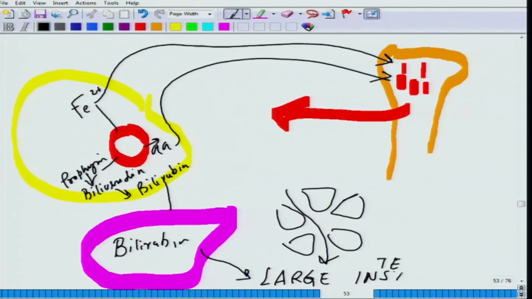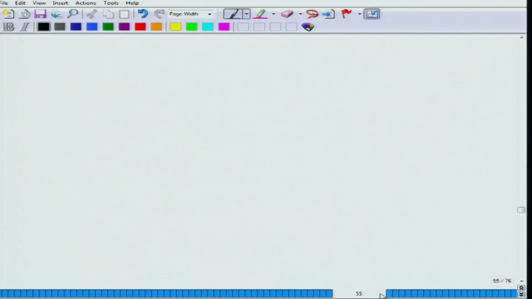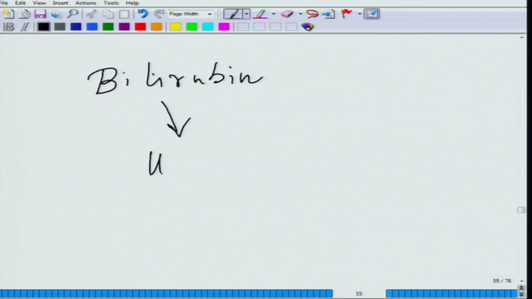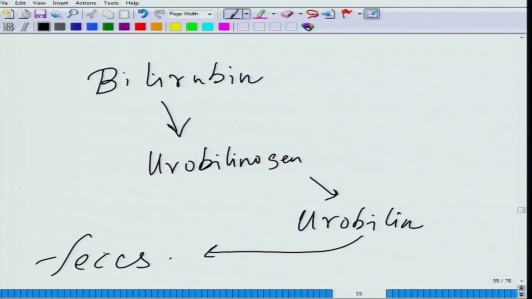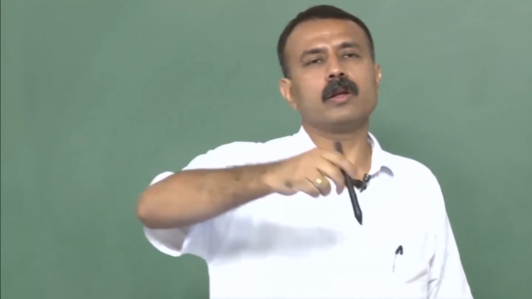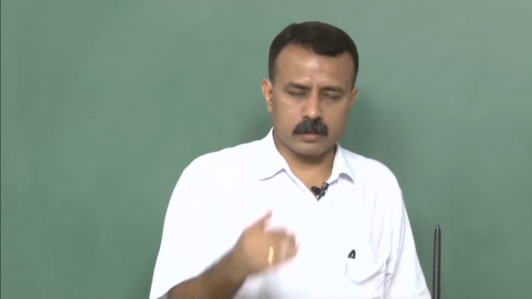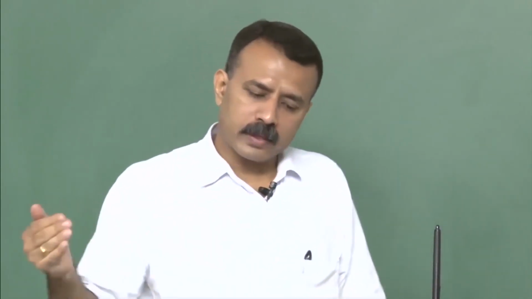In the large intestine, bilirubin is formed into urobilinogen, and then this is transformed into urobilin, and this is excreted in the feces. This is one fate, and there is another form of bilirubin, stercobilinogen, stercobilin, and that is also excreted in the feces.